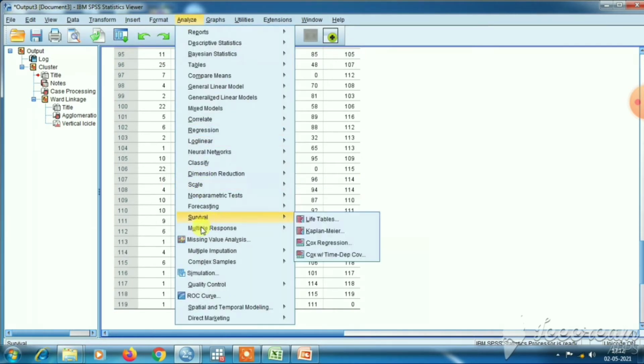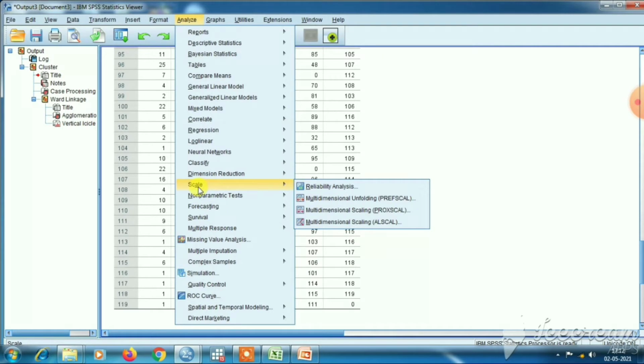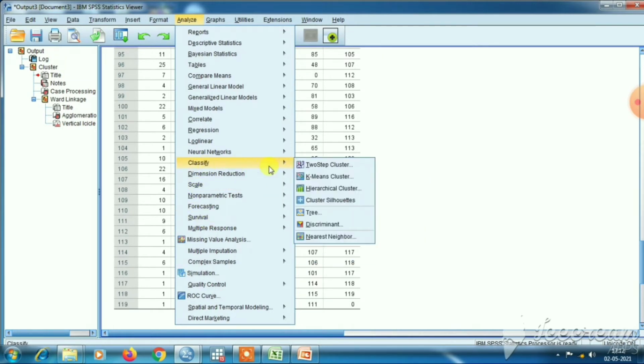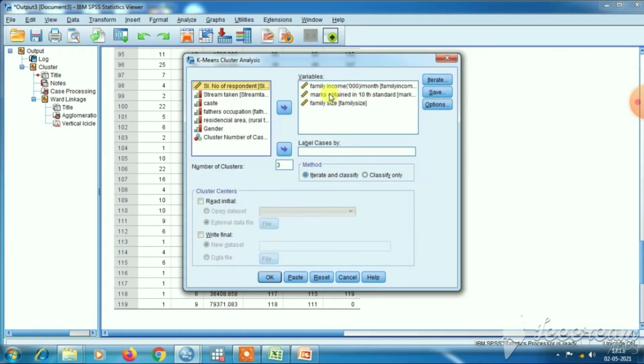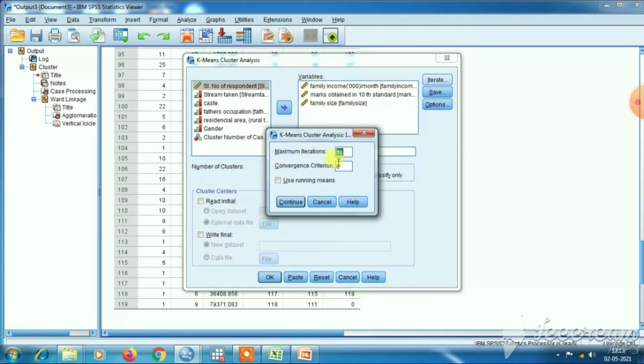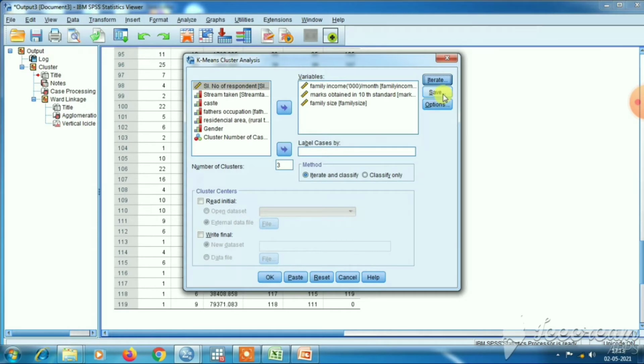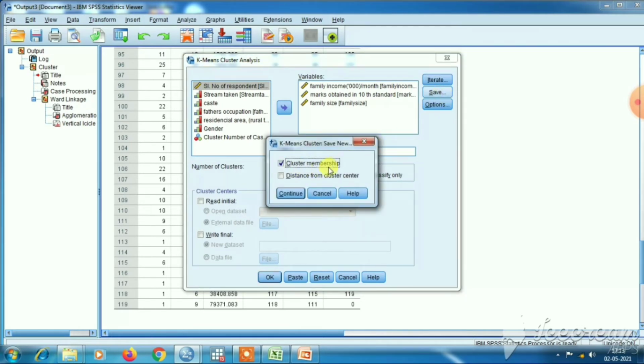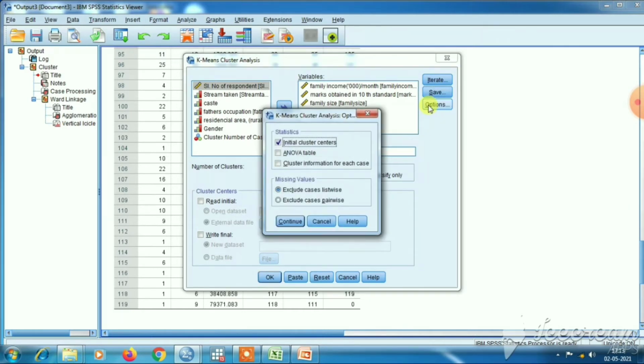Now we will go to K-means: Classify, then K-Means Cluster. Giving this data, we are using the same ratio scale data, and for this no change. For Save, choose cluster membership and distance from each cluster, and for Options you can also request the ANOVA table and cluster information for each case.